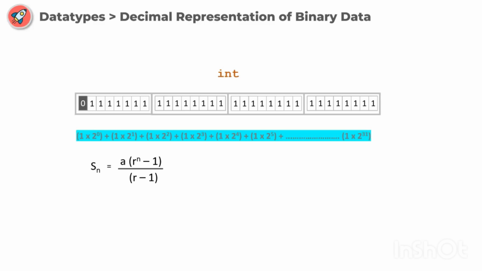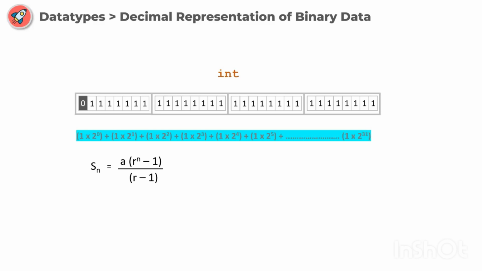R represents the ratio between consecutive numbers, which in our case will be 2, and N represents the number of terms in the series, which in our case will be the same as the number of available bits. And for an int data type, it will be 31 since we ignore the sign bit.